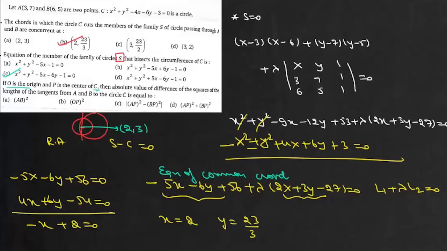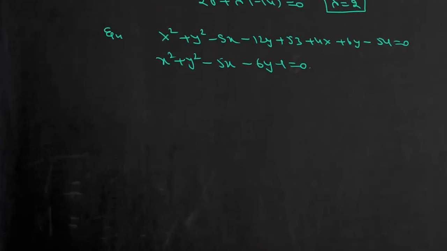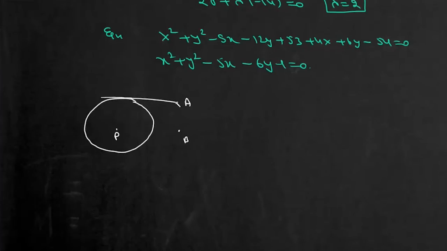So we have this circle C. Now the center of the circle is at P, and we have 2 points, say A and B. Now this is the tangent drawn from A, and that is the tangent drawn from B. Now suppose this point is Q and this is R. Now this is say L1 and this is L2.